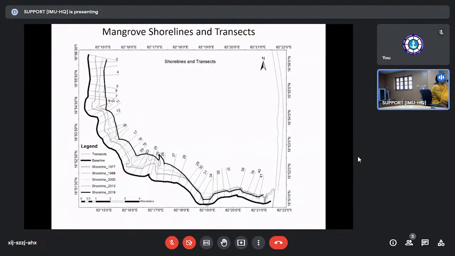So this figure represents the mangrove shoreline, shown from 1977 to 2019.